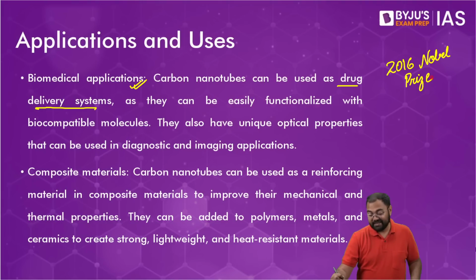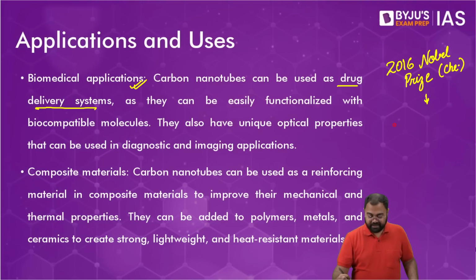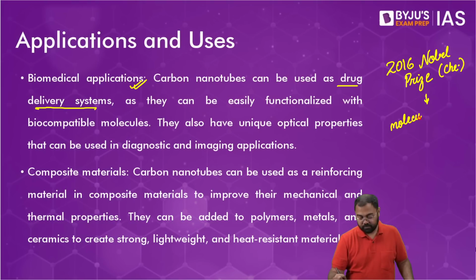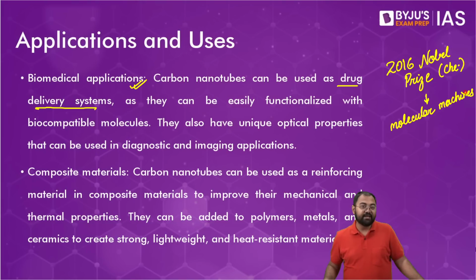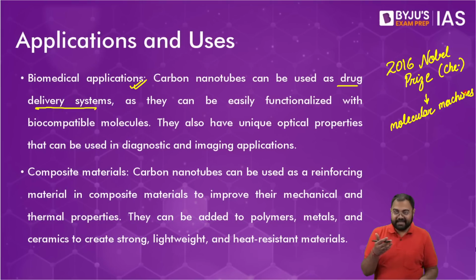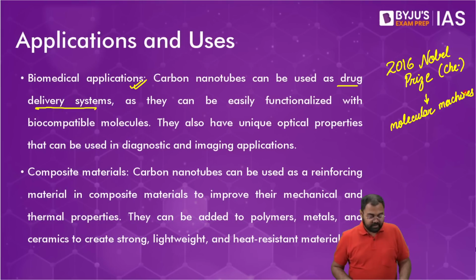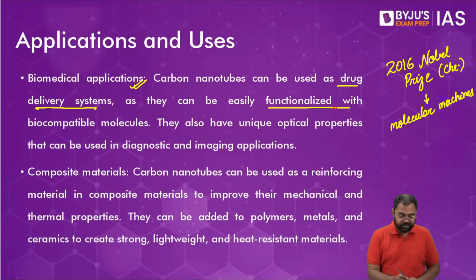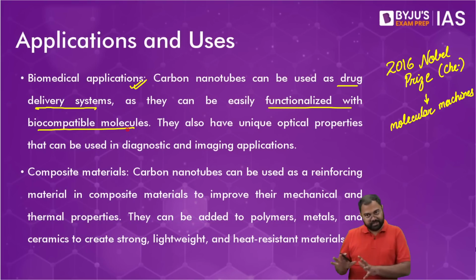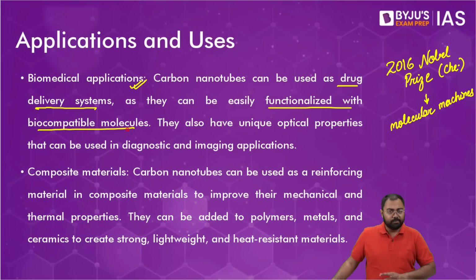The 2016 Nobel Prize in Chemistry was given for the production of molecular machines. These molecular machines are nano-sized particles that can be used in drug delivery systems. They can be functionalized with biocompatible molecules, so they can very easily be used here and will not become poisonous to the body.